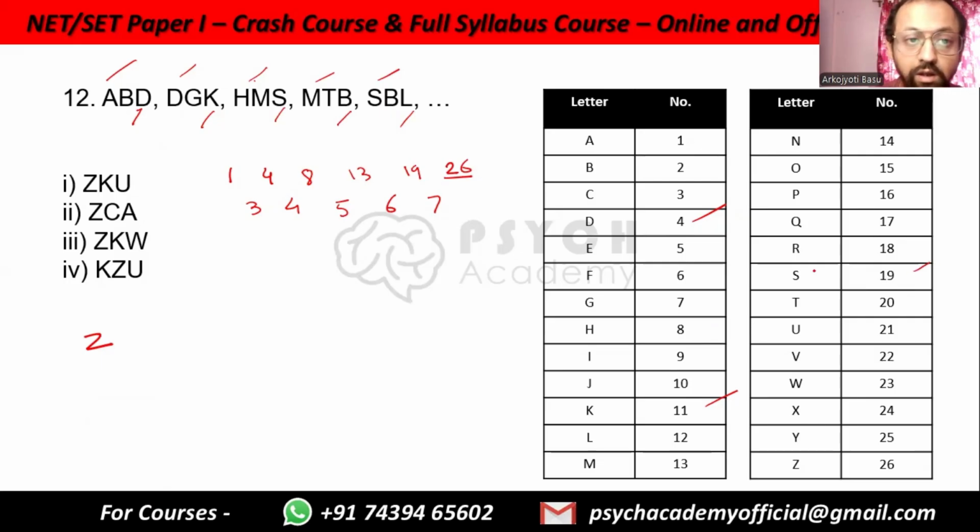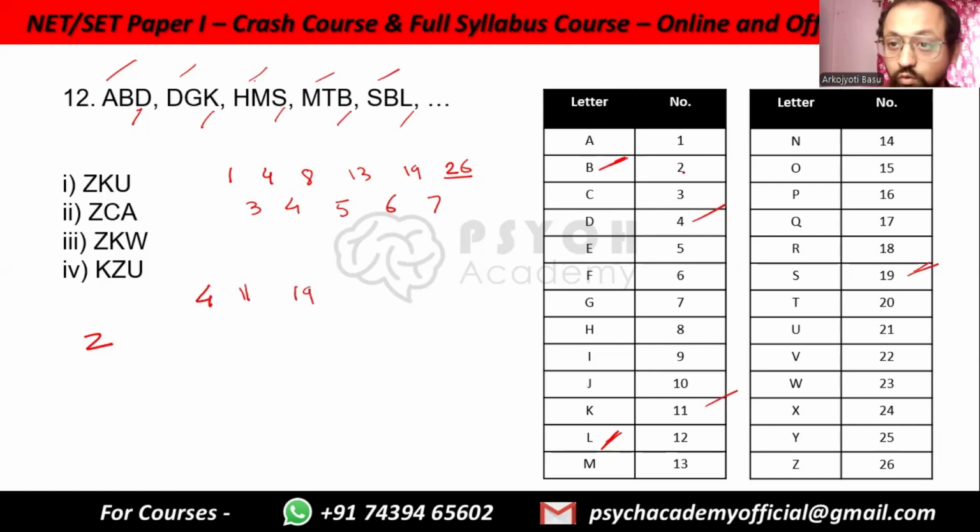S is 19. Then we have B again. B, I'll write it here so not to confuse. B is 2 and L is 12. So what are we getting? 4, then 11, then 19.